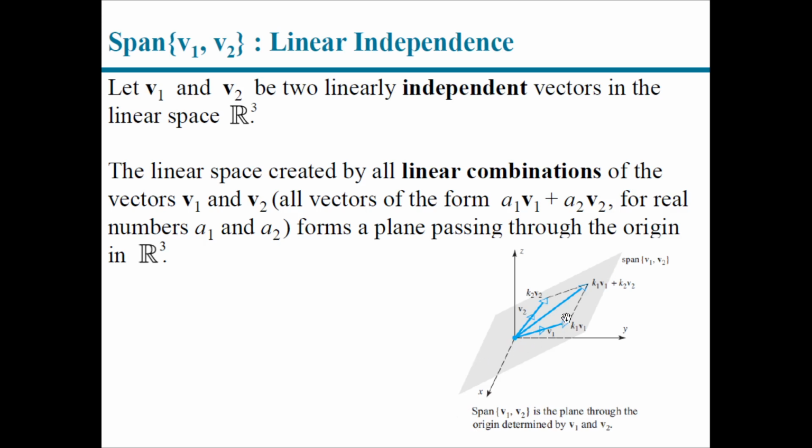And this plane here is a linear space. And again, every linear space must pass through the origin. Here the origin is vector (0, 0, 0) because we are in R3. So those two vectors v1 and v2 are vectors from R3. So the linear space here is the plane, all linear combinations of vectors v1 and v2.